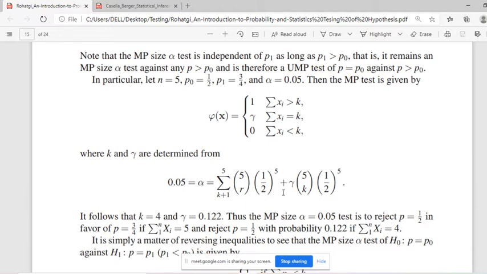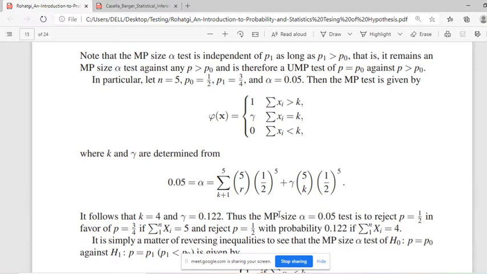Okay, k is not given, so we take k is equal to 4. When we take k is equal to 4, we can see that after simplification gamma is equal to 0.122. You can do it in your notebook, put k is equal to 4 and expand all these terms, and you will get gamma is equal to 0.122.